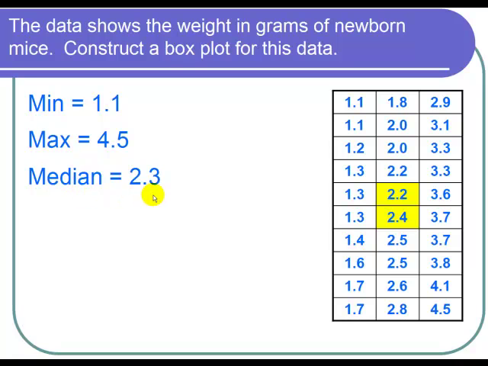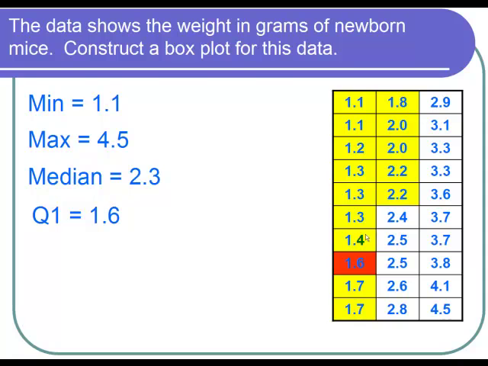So now let's find the first quartile. The first quartile is the median of the lower half of the data. So this 2.2 is the largest of the lower half. 1.1 is smallest. There are 15 values in that lower half.